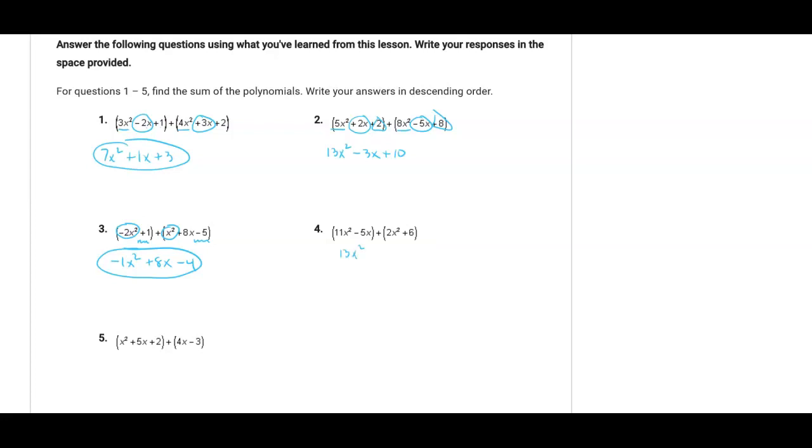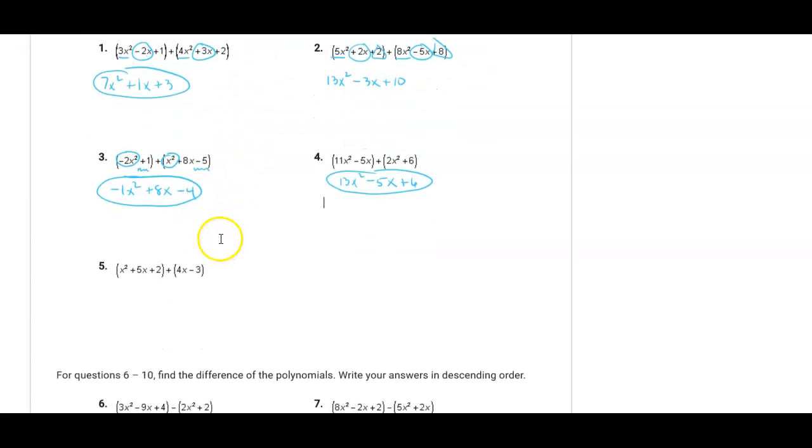There's only one x term, so it's just minus 5x, and then plus 6, and I am done. All right, and number 5, x squared, there's no other x squared, so I bring it down. I like to cross them out to let myself know I used them. 5x and 4x will give me positive 9x, so plus 9x. And then 2 minus 3 would be minus 1.